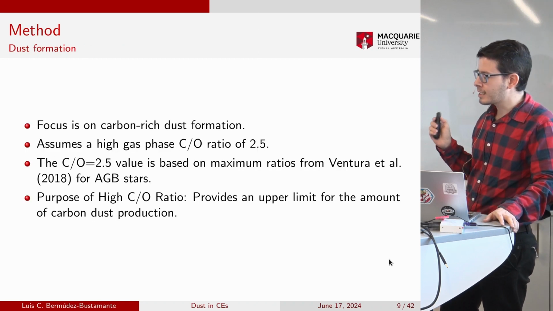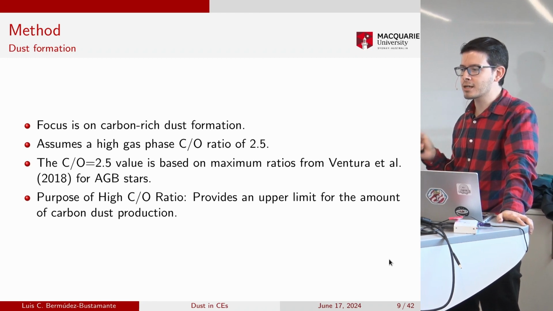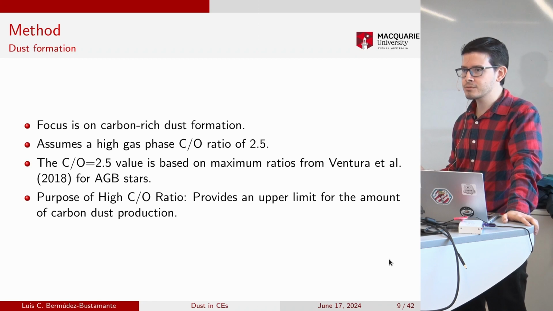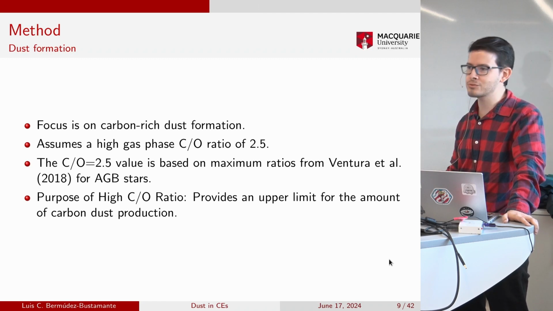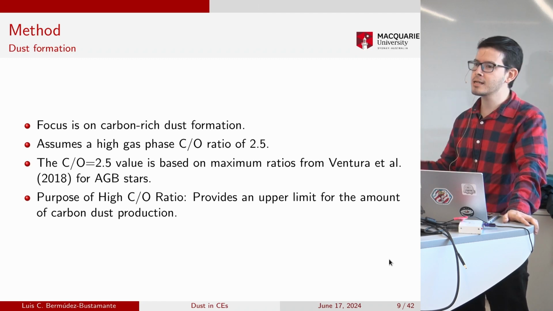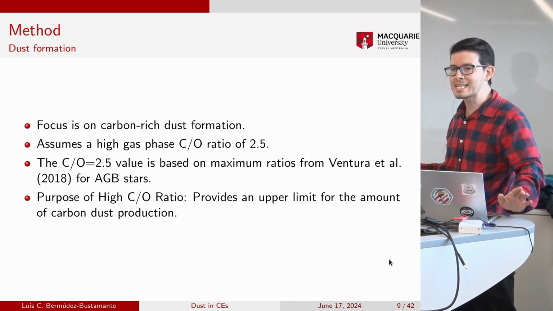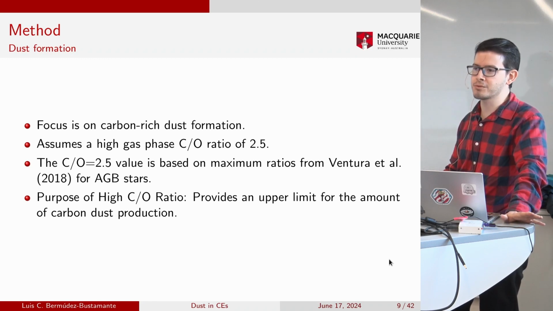Okay, so for the dust formation, in this case, we focus only on carbon-rich dust formation. For this method, it's easier to work with carbon-rich material. Of course, that is a limitation because in AGB stars you can have oxygen-rich or carbon-rich material, but we are just assuming that the gas has an abundance ratio C/O of 2.5.